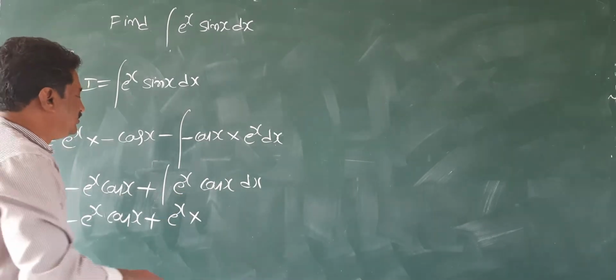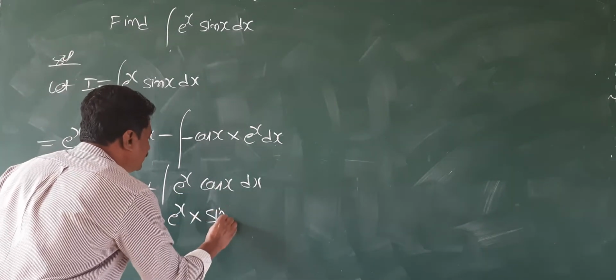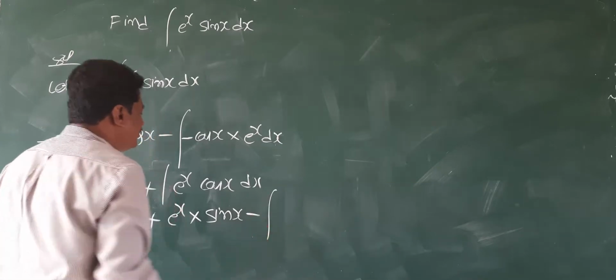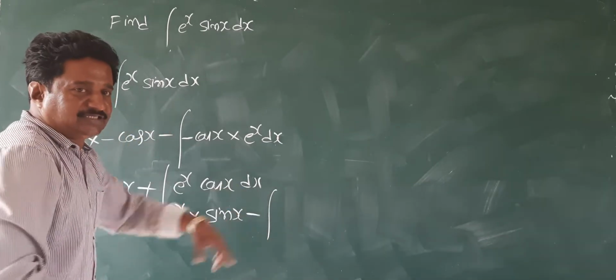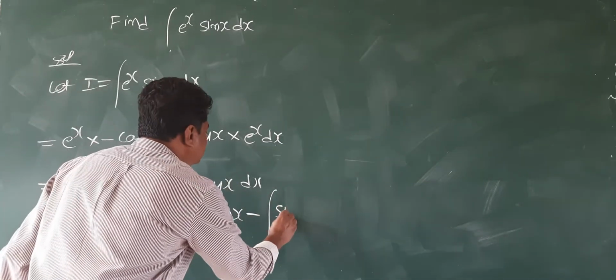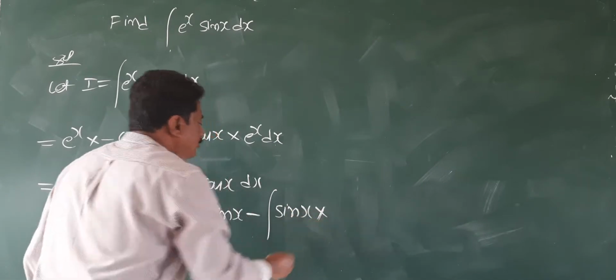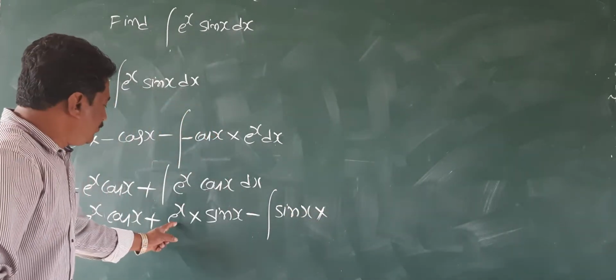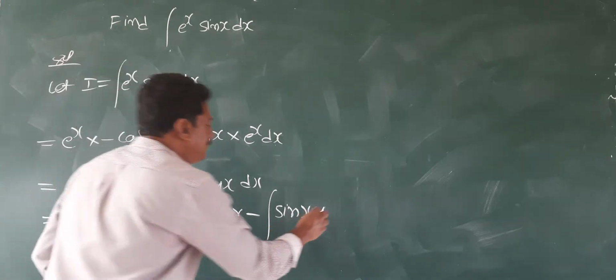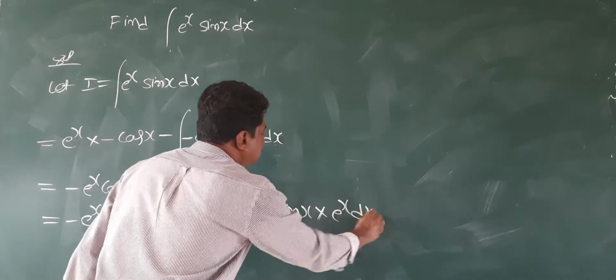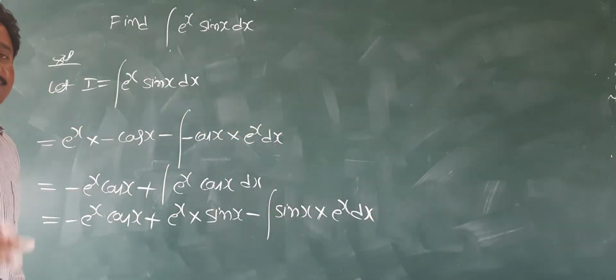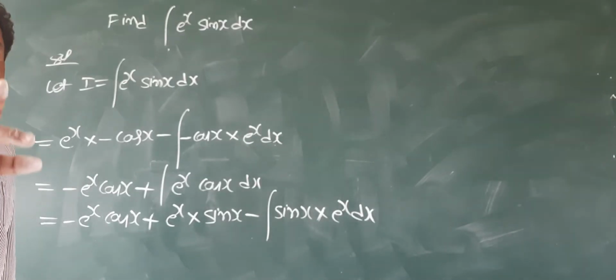Integration of cos x is sin x. Minus, carry that sin x inside, into differentiation of first. Differentiation of e power x is e power x into dx. We applied parts 2 times.